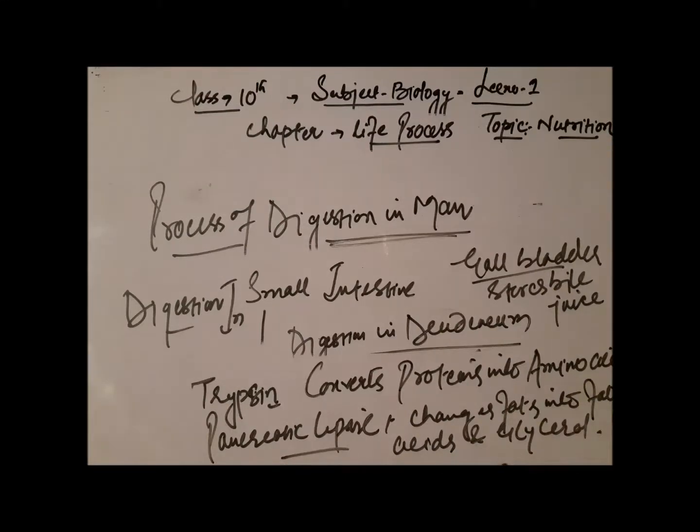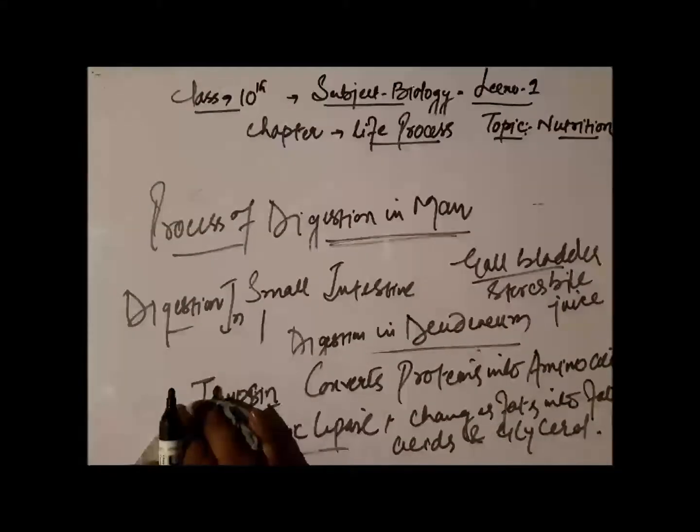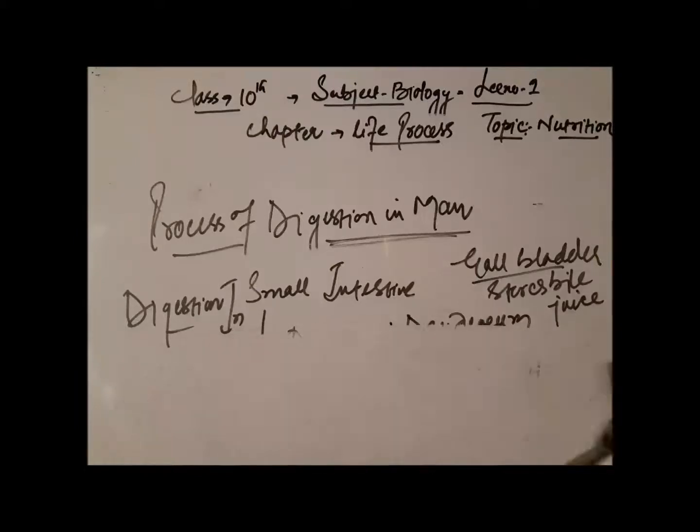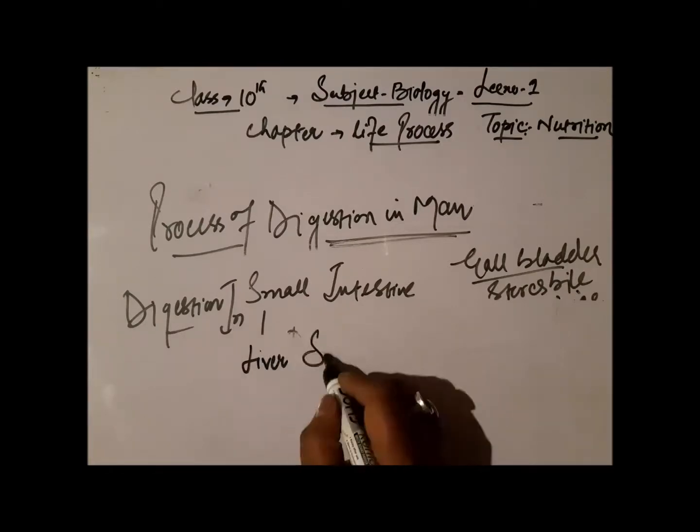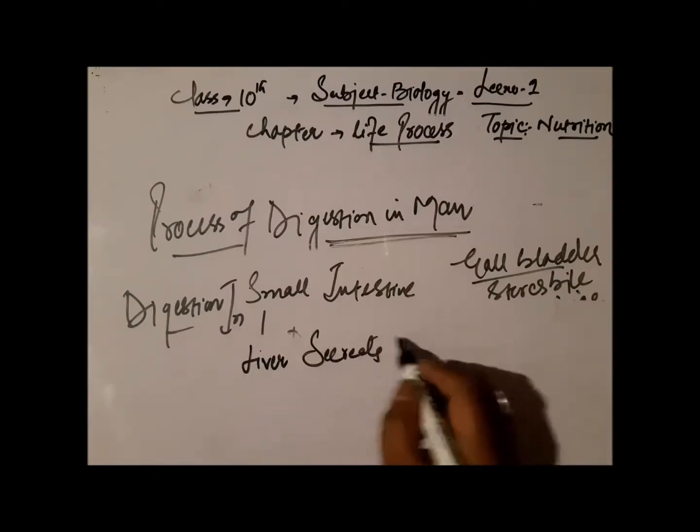And from the duodenum, food passes into the small intestine. Now, as far as the action of bile is concerned, as we know, the liver secretes bile juice.